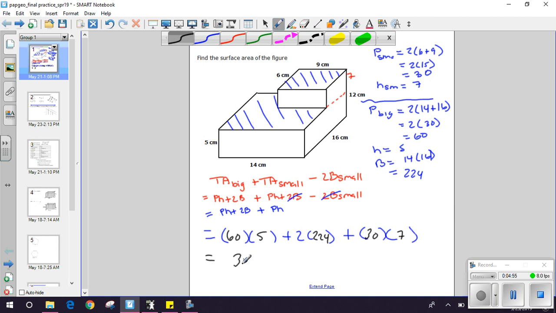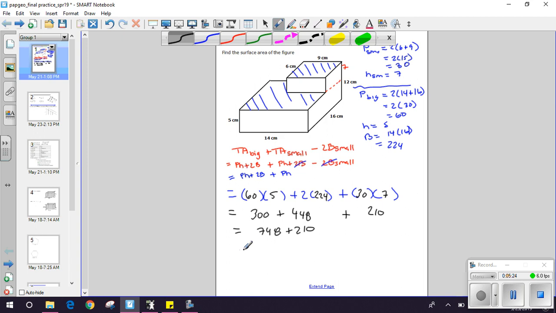So this would be 300 plus, this is 210, and this is going to be 448. So that's 748 plus 210, which is 958 centimeters squared, grand total.